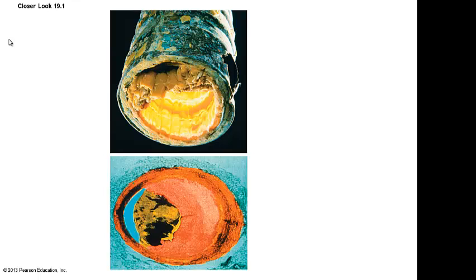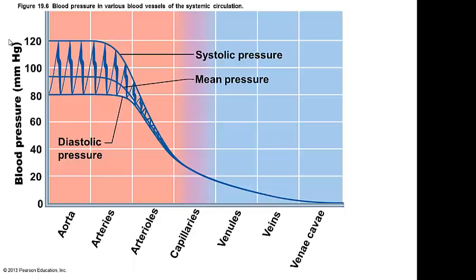So myocardial infarction, stroke are just two examples of blocking some of this tree and not allowing blood to get to different areas. Tissue will start to die. So just a general understanding of what atherosclerosis is and how it can be detrimental to patients.